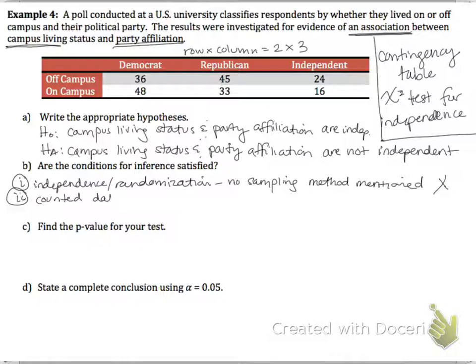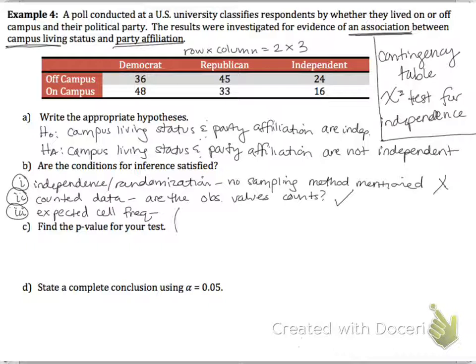The second is counted data. Are the observed values counts? Like, are they whole numbers that are positive? The answer here is absolutely yes. The next question here is, what are the expected cell frequencies, right? Expected cell frequency. And here, I'm going to give you a little heads up.